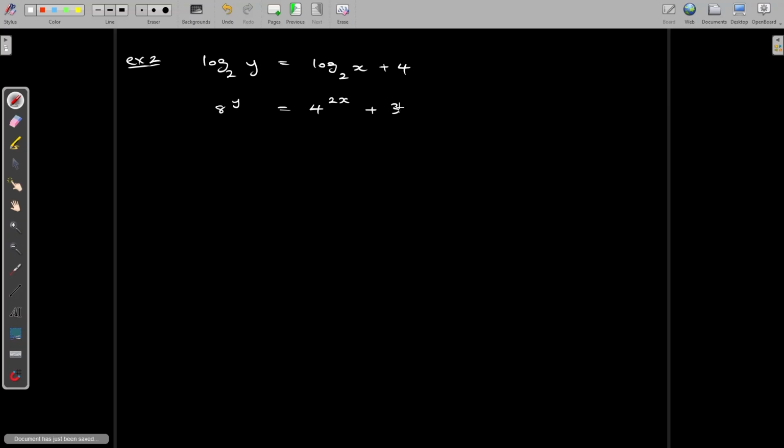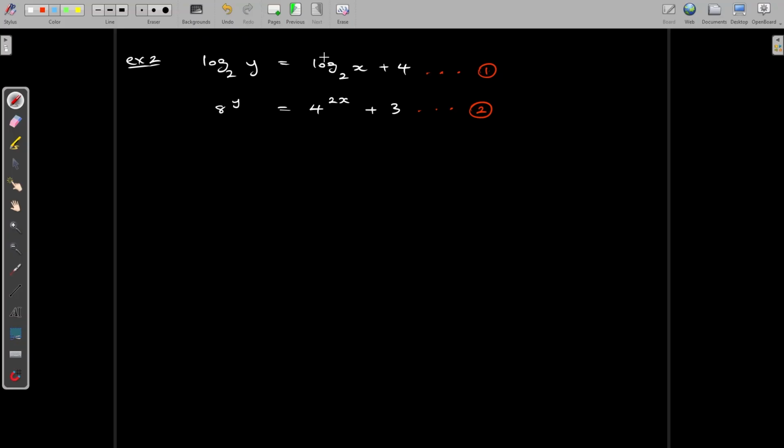So we have equation 1, equation 2. Which one do you think it would be best for us to start with? Alright, so my suggestion is that we try and get the log equation into its exponential form.